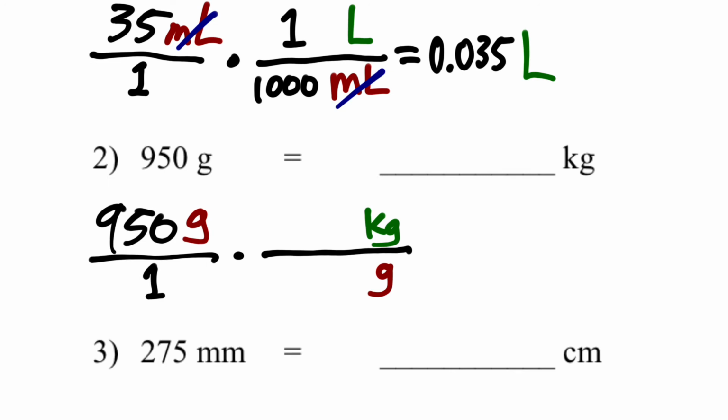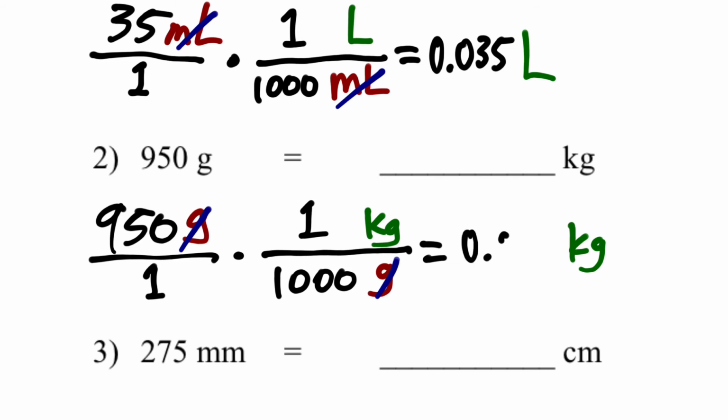The relationship between grams and kilograms is 1,000 to 1. So it's 1,000 grams to 1 kilogram, so you can cancel out the grams and get kilograms at the end. The number should be 950 divided by 1,000, which gives you about 0.95.